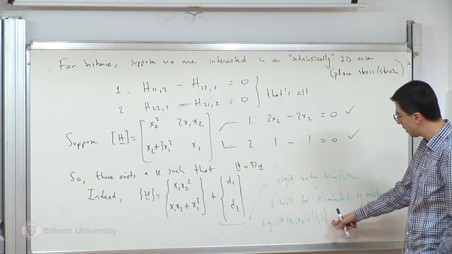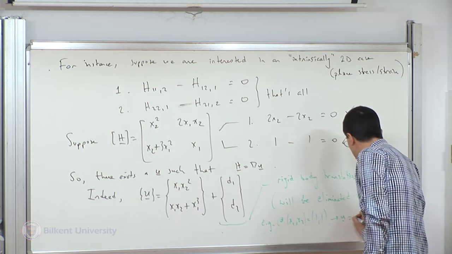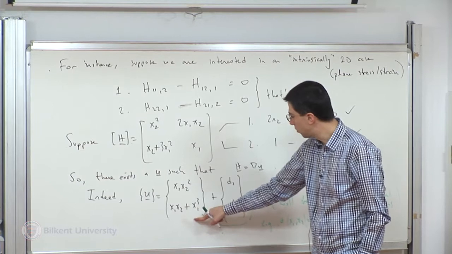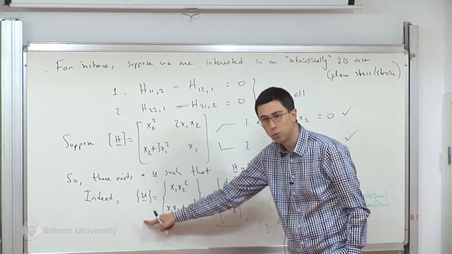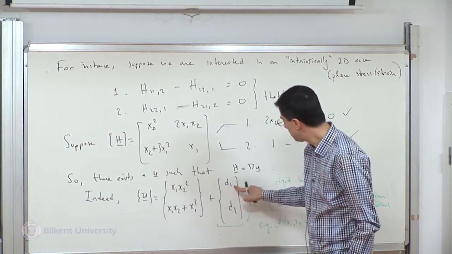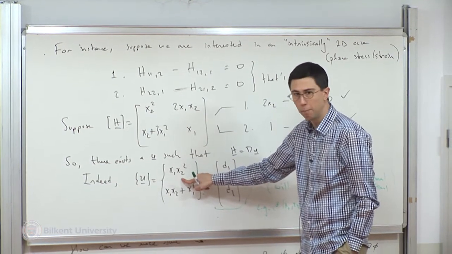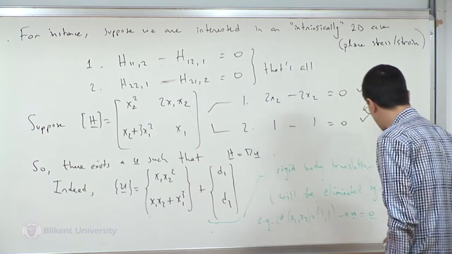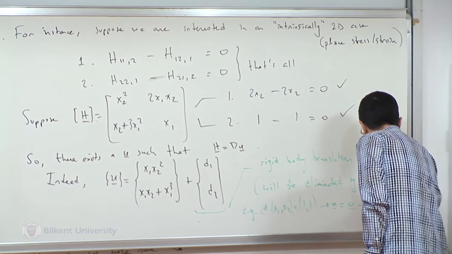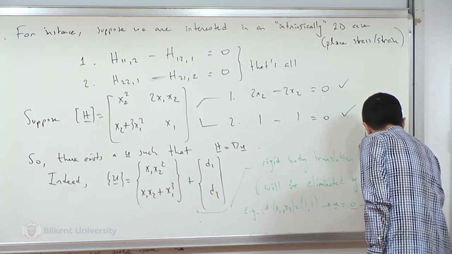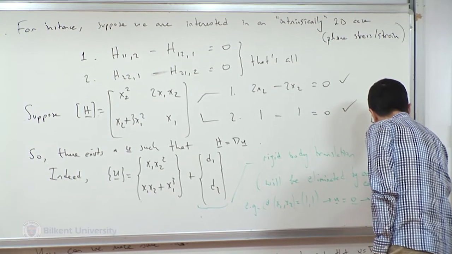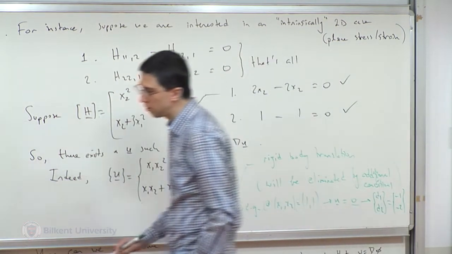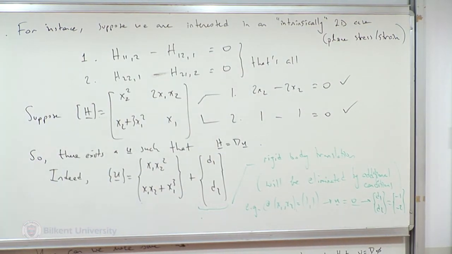But my problem requires that at x1, x2 equal to 1, u is equal to 0. So you plug in x1, x2 equals 1 in there and set u equals 0. And for that to be true, d1 has to be equal to minus 1, and d2 has to be equal to minus 2. So eventually, we will always need some additional conditions.